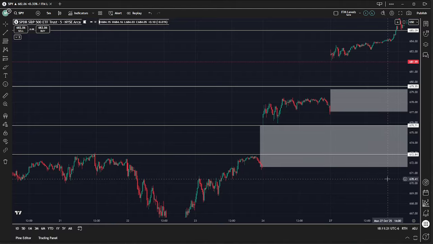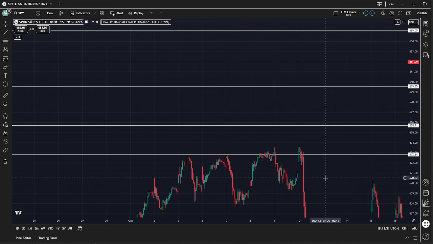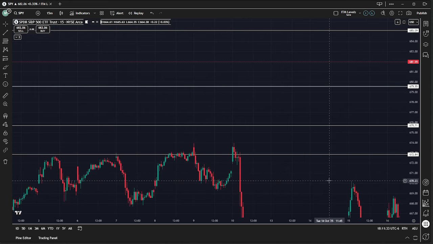So below 675.71, I like it's the last candle right here. I like the retest of this FVG over here from the last time we pushed up. Interesting.